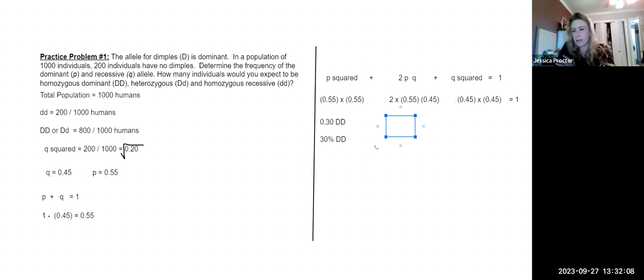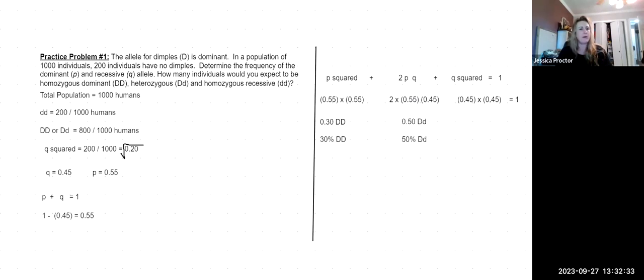So when we're rounding, when we look at that third number, if it's 5 or above, we do what? We got to round up. If it's 4 or below, we're going to keep it the same, right? So it's 0.50. Beautiful. So that's our value for heterozygotes. We want to turn that into a percentage, piece of cake, 50%. So now we know that 50% of our breeding population is heterozygous for dimples.